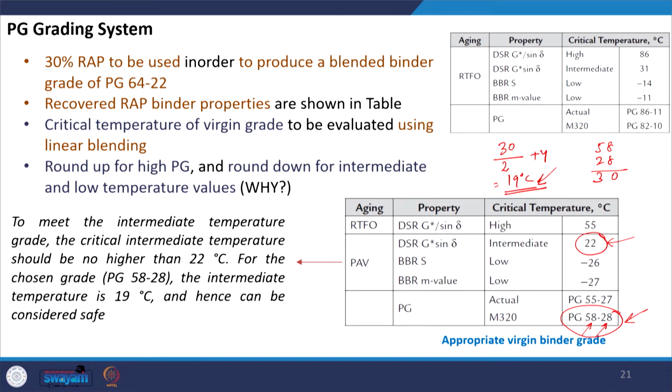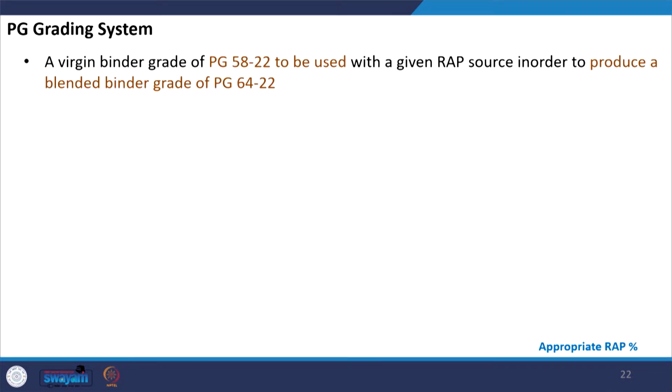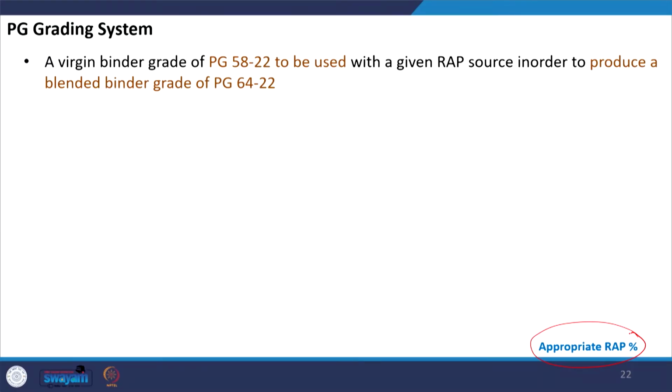Now let us move forward with the second case, where I want to determine the appropriate RAP percentage. Again with an example, let us say we have a virgin binder grade PG 58 minus 22 to be used with a given RAP source in order to produce a blended binder of PG 64 minus 22.